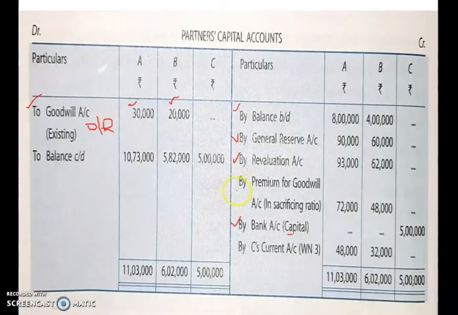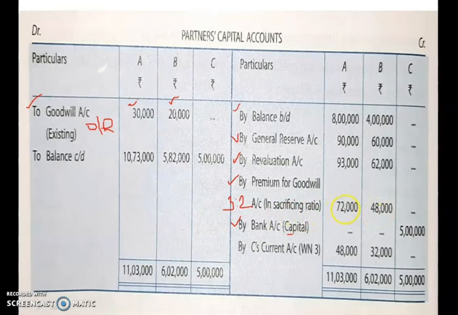Okay, so let us move to the working of this. See, the goodwill which he has brought in cash, for that we have written premium for goodwill, and we have distributed that to the old partners, or we can say the sacrificing partners, in the sacrificing ratio. What did we get as the sacrificing ratio when we calculated it? It's 3:2. So in 3:2 we have distributed the amount of goodwill. It's 1,20,000 which he has brought in cash.